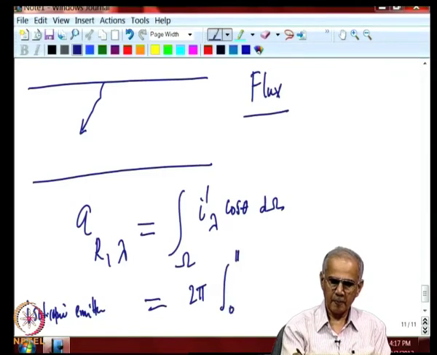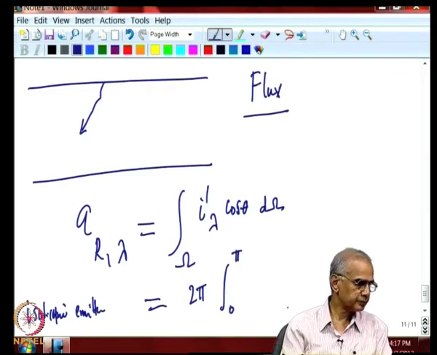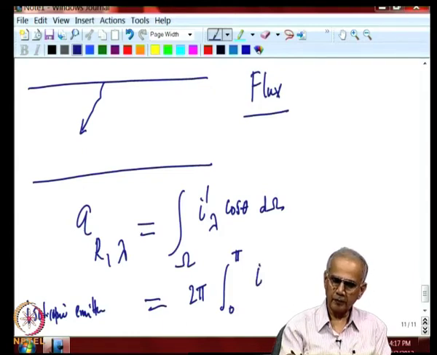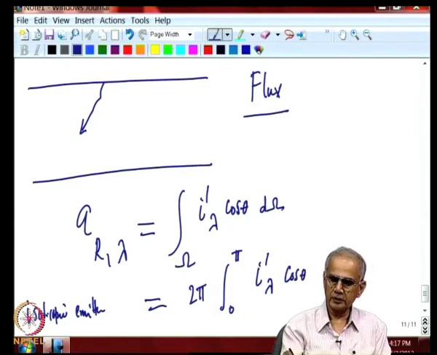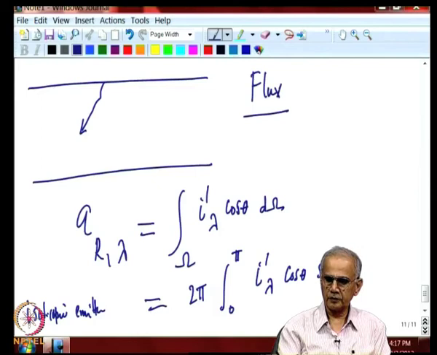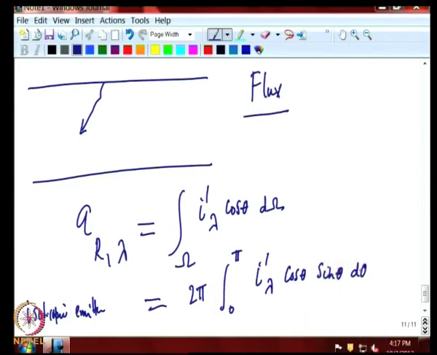So, you will get 2 pi times the integral from 0 to pi of I prime lambda cos theta, and write this in terms of sin theta d theta. So, integration over phi gives you 2 pi, and then you have to integrate over all angles 0 to pi. Let me visualize this for you.